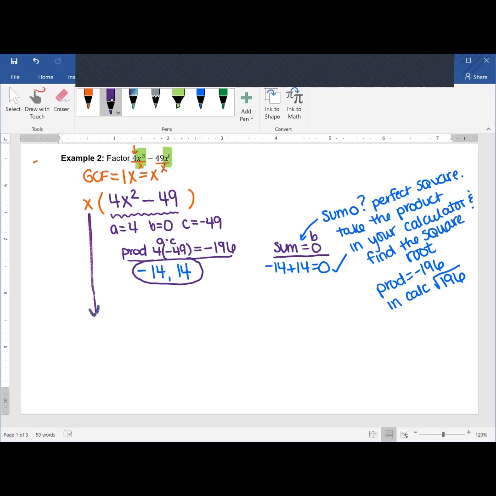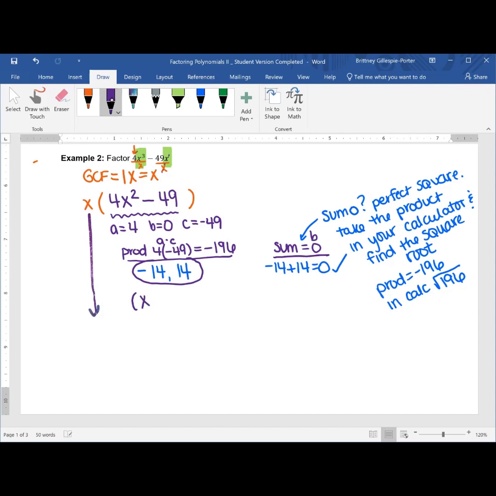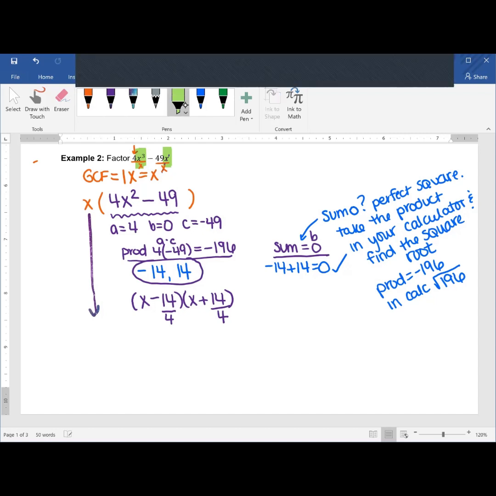Now that we have found the magic numbers, go ahead and write our factors. We had variable of x, so we're going to have x minus 14 and x plus 14 because the second one was positive. We need to divide by a, and in this case, a was 4. Remember, a was 4, so we're dividing both of our constant terms by 4.